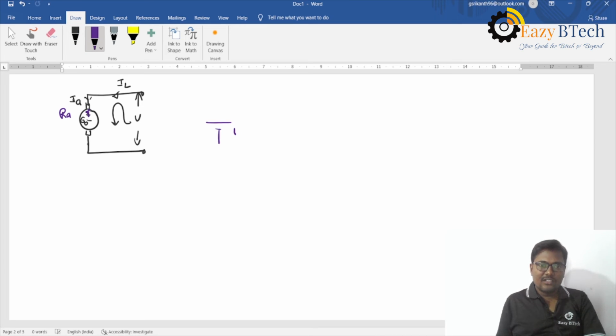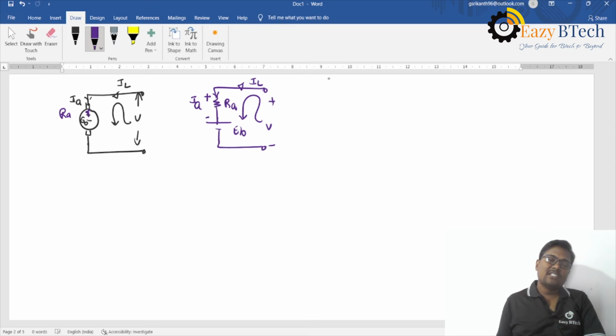This is your circuit, and the supply voltage is V. The current drawn from the supply is the line current, and the current flowing through this is the armature current. Always the current flows from higher potential to lower potential.